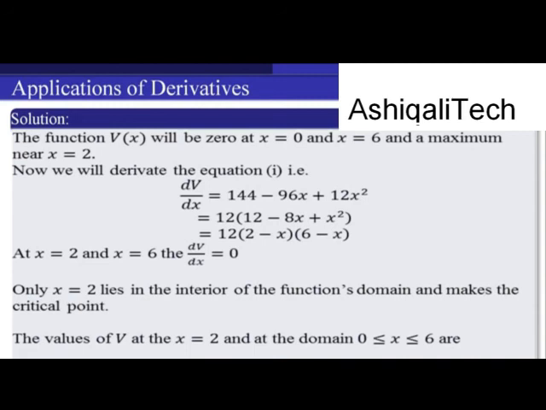Now, it is clear that this derivative is 0 at x = 2 and at x = 6. Only x = 2 lies in the interior of the function's domain and makes the critical point. Therefore, we find the value of V at x = 2 and at the endpoints of the domain 0 ≤ x ≤ 6.